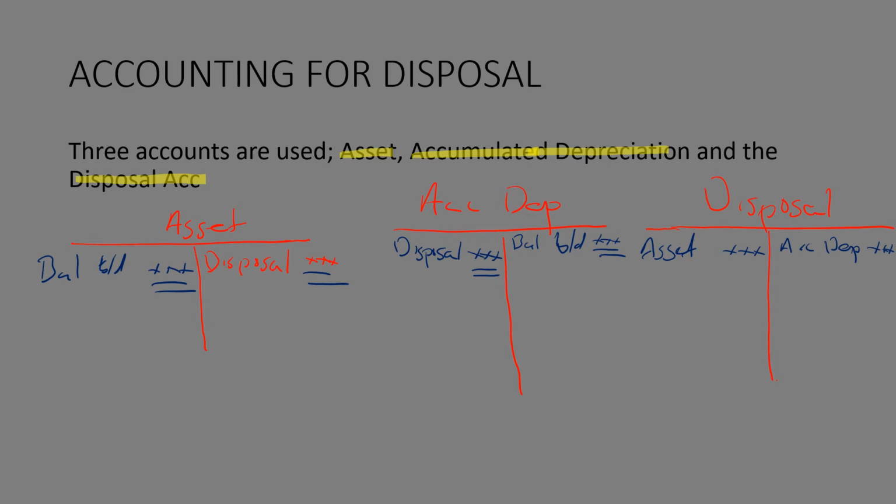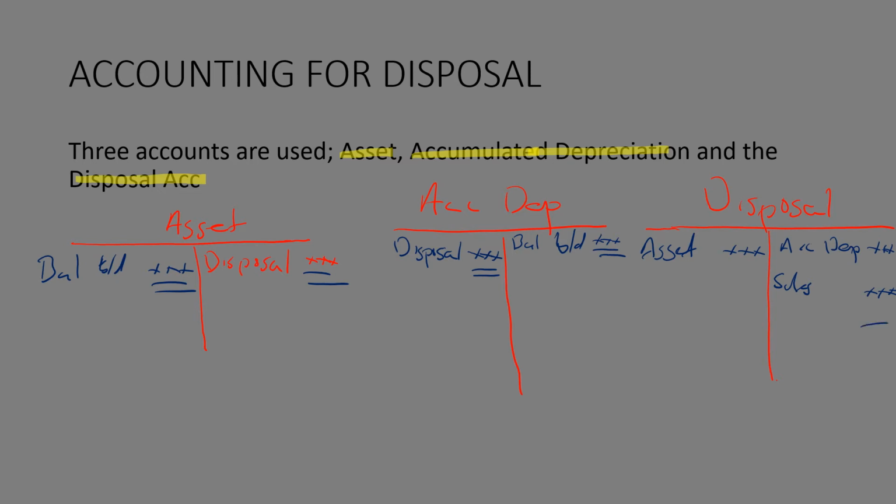So these will close. Then for the disposal account, you leave the selling price here, the sales amount. Those are the two things that go in there. On the credit side of the disposal account, you'll have accumulated depreciation of the respective asset and the selling price of the respective asset.